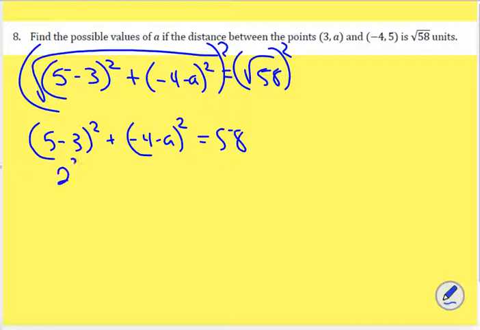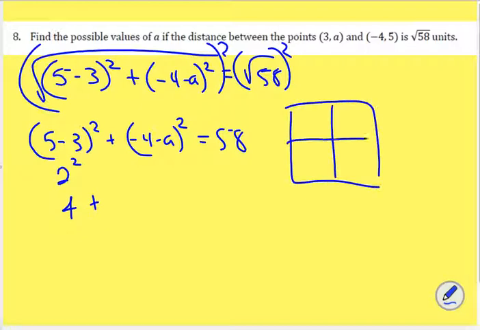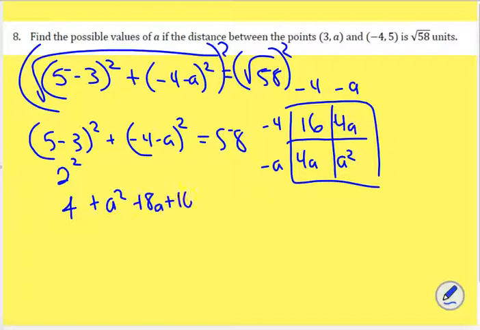So this becomes 2 squared, better known as 4. If I multiply this out, you can set up the little box method: negative 4 minus a, negative 4 minus a, positive 16, positive 4a, positive 4a, positive a squared. So it becomes a squared plus 8a plus 16 equals 58.